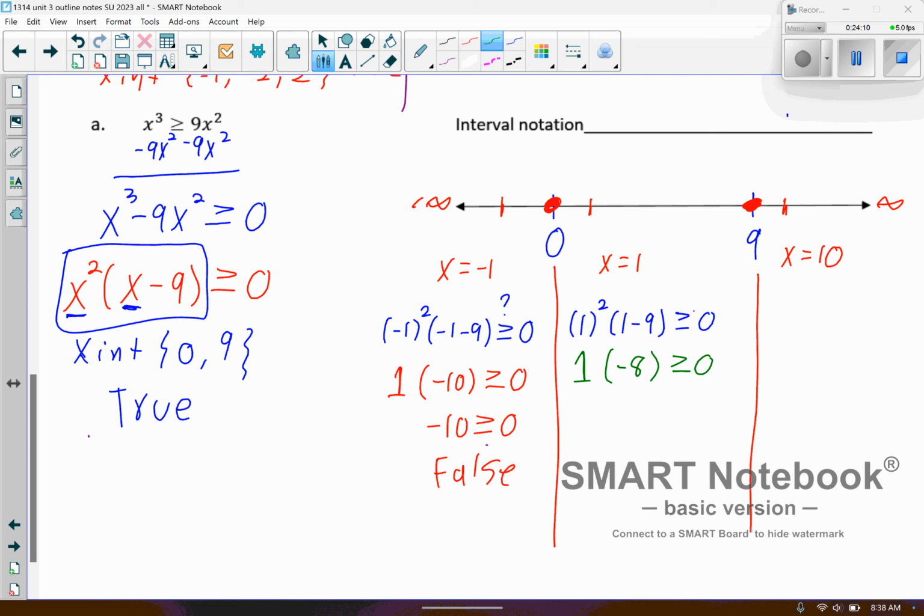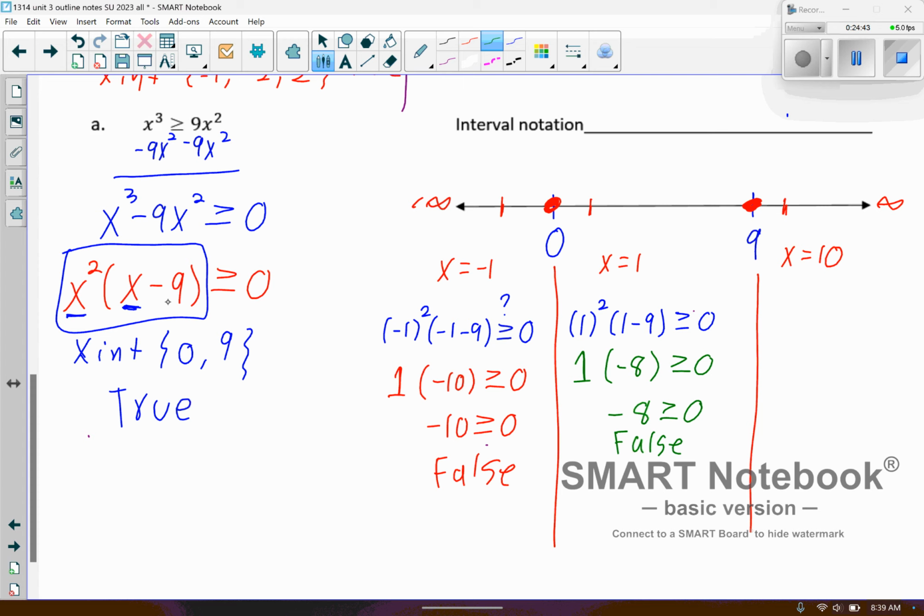Multiplying, I get negative 8 is greater than or equal to 0, which is not true. That is false. See, that pattern got broken. Typically we've gone true, false, but in this case we have false, false. So neither of these subintervals work, but be careful: that 0 is still part of my solution set, because when you plug in 0, you do get a true statement.